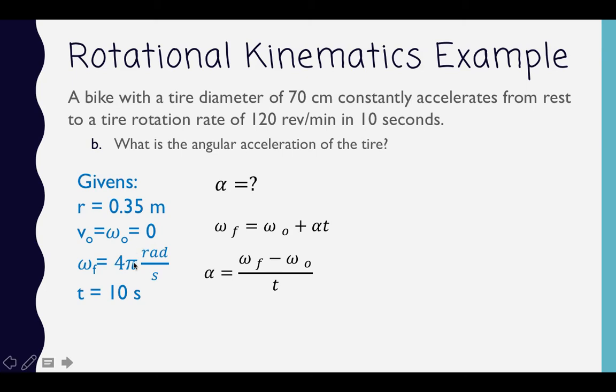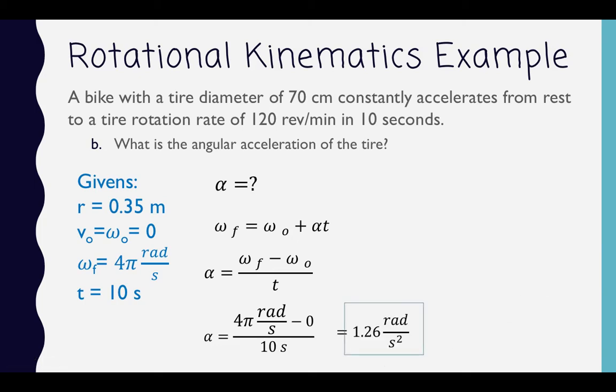Well, we're already in radians per second, so that's good, because we know anytime we're looking for an angular quantity such as alpha, we have to be in radians and seconds. So we end up plugging it in. We get radians divided by seconds divided by another second, so radians per second squared, that's ideal. 1.26 radians per second squared is the angular acceleration you should calculate.